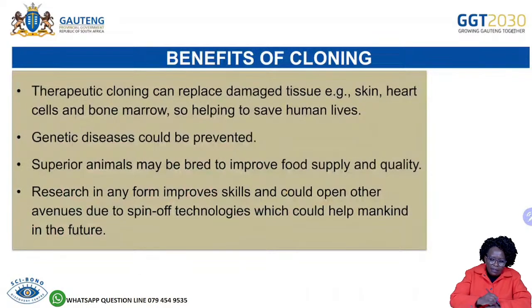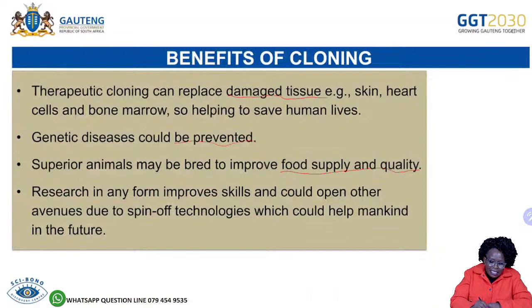Benefits of cloning. So cloning has got its own good outcomes. Some are that therapeutic cloning can replace damaged tissues, e.g. skin, heart cells, and bone marrow, so helping to save human lives. Genetic diseases could be prevented. Superior animals may be bred to improve food supply and quality.